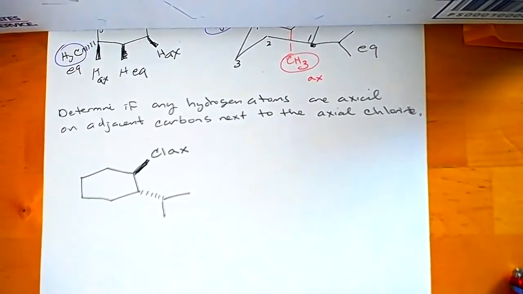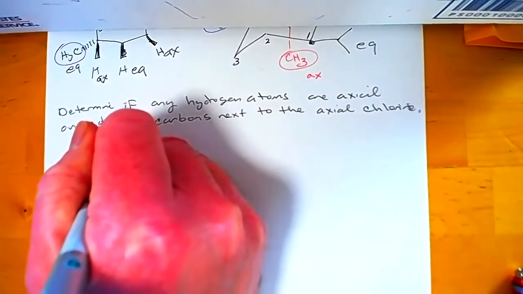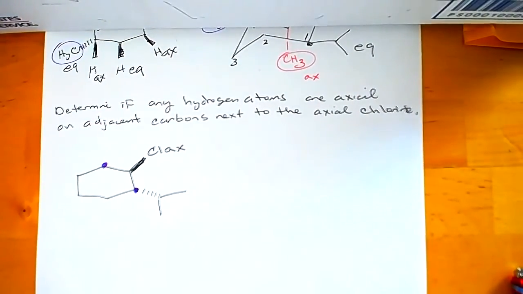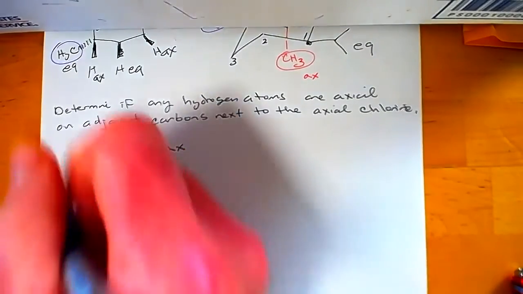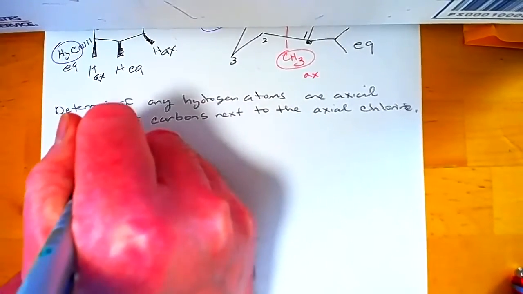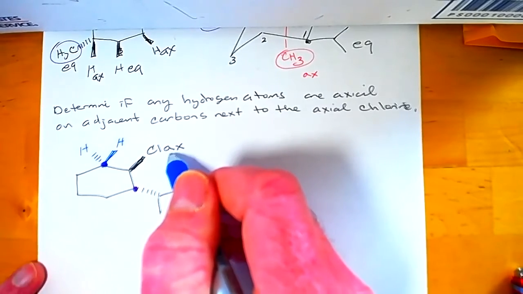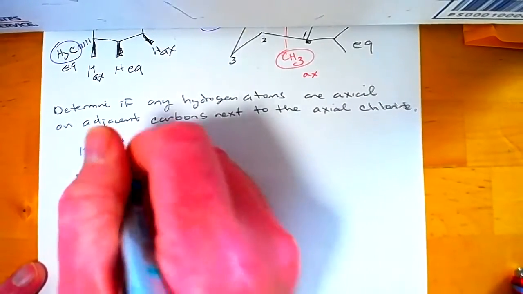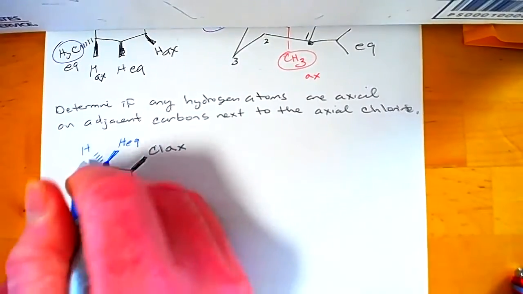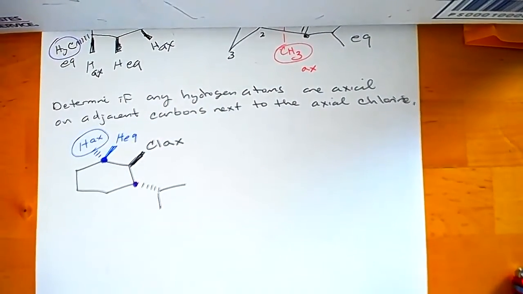So it's asking on adjacent carbons, that means this carbon here and this carbon here, if there are any other hydrogen atoms that are axial, okay? Now, obviously, on the carbon right here, on the left side, one hydrogen atom is going up and one hydrogen atom is going back. So that means that if this chlorine here is axial, it's pointing up, well, then that hydrogen that's pointing up is equatorial, and the one that's pointing back is axial. So there's one, okay?